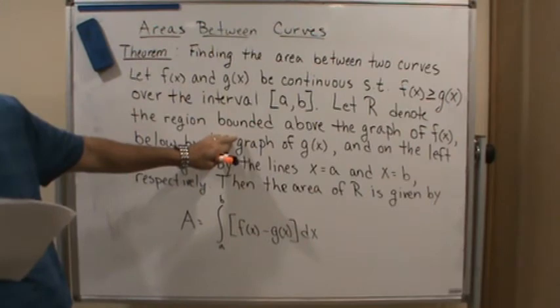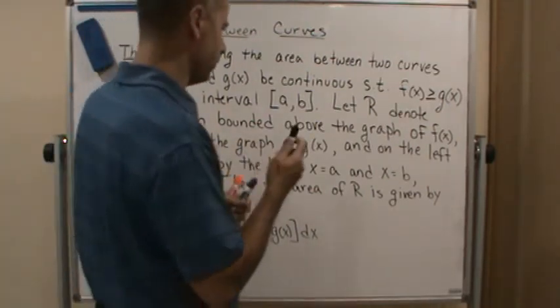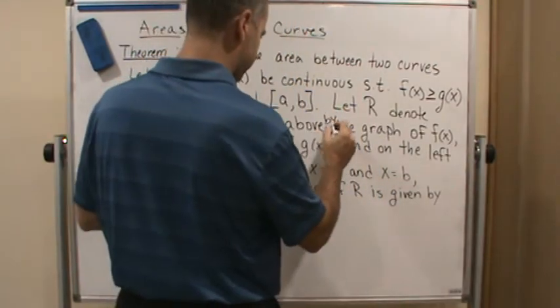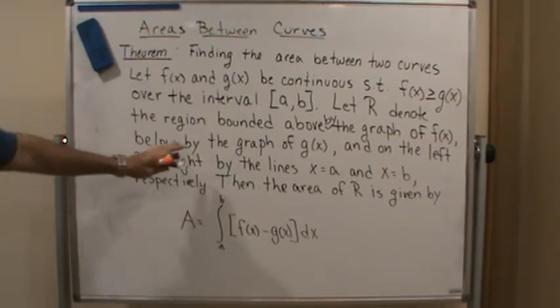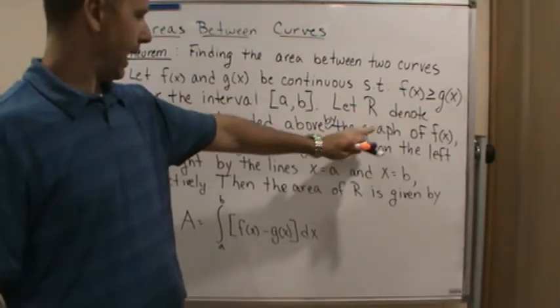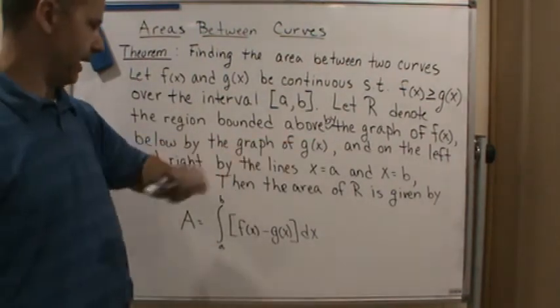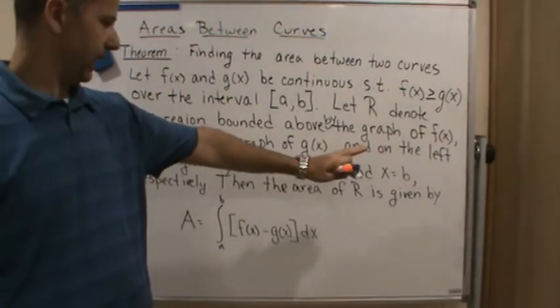The region by the graph. Okay, I knew something wasn't right. By the graph. Okay, so let R denote the region bounded above by the graph of f of x and below by the graph of g of x, and on the left and right by the lines x equals a and x equals b.